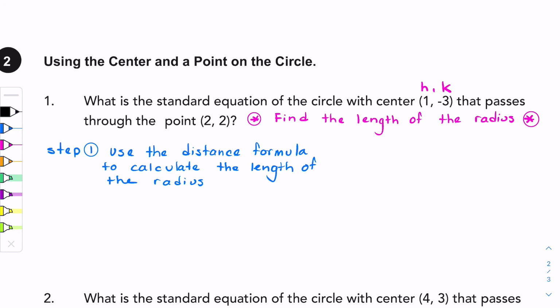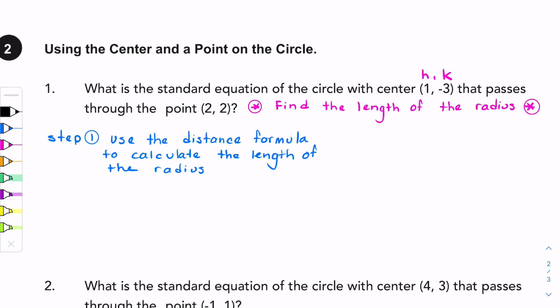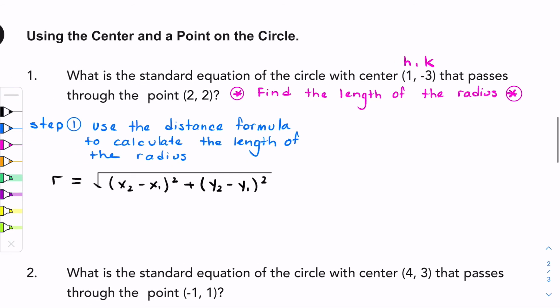The distance formula, if anyone has forgotten what that is, the radius is equal to the square root of x2 minus x sub 1 in parentheses squared plus y sub 2 minus y sub 1 in parentheses squared. And we need to substitute our points into this equation. So what I'm going to do here is use the center, which is 1, -3, and the point on the circle, which is 2, 2.